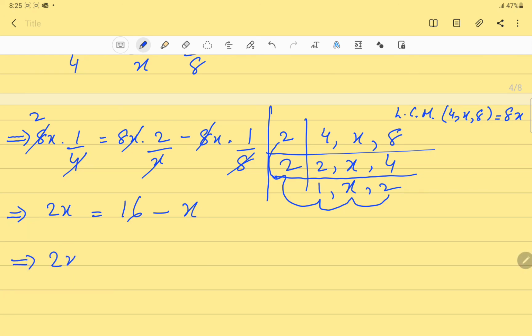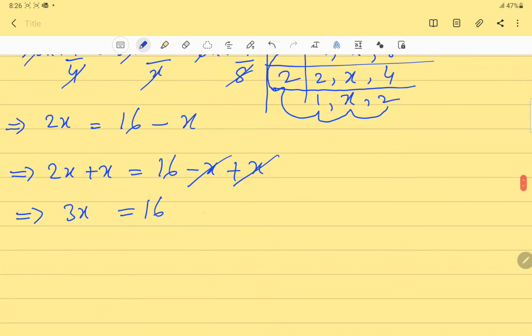We add x on both sides. On the right side, x cancels with minus x. So 3x is equal to 16. We divide both sides by 3. 3 cancels with 3.